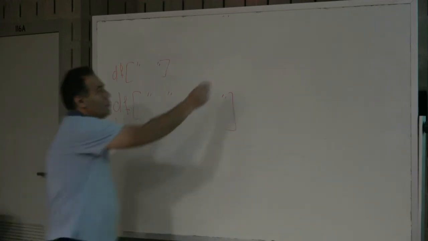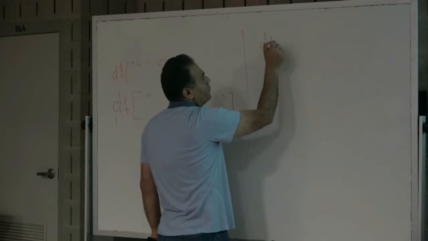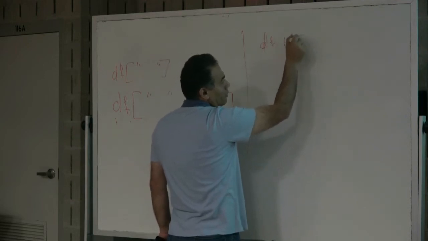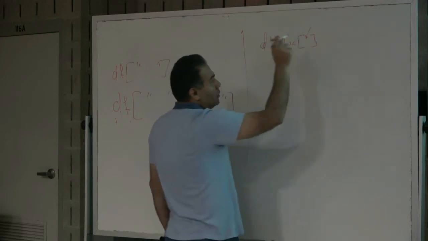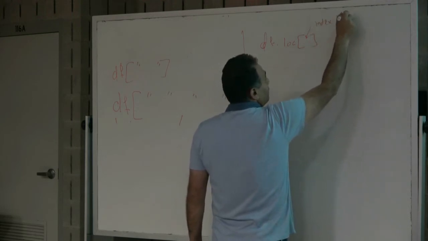If I need to get the row, what do I have to do? df dot loc. And what do I have in here? The index. Index what?